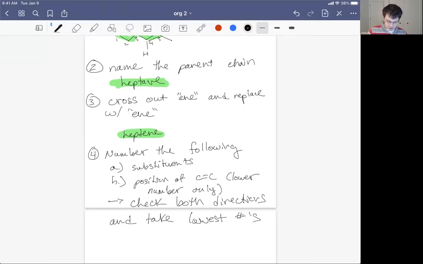In my example, even though I have the numbers going 1, 2, 3, 4, 5, 6, 7, this gives us a 5-methyl and a 5-alkene.